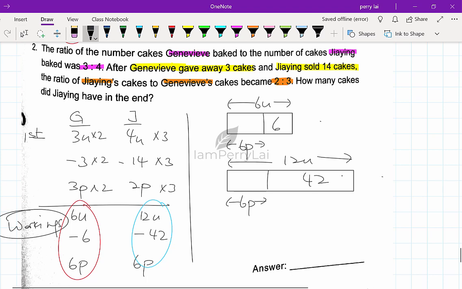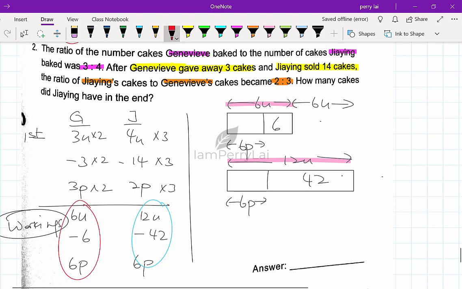Taking away 42. So you can see that with these two pink lines, I can tell that this space here is also 6 units. Right?